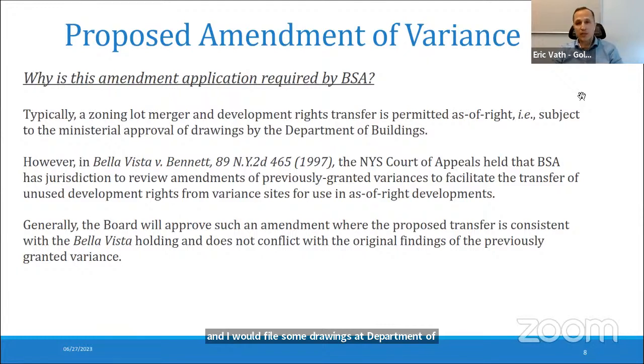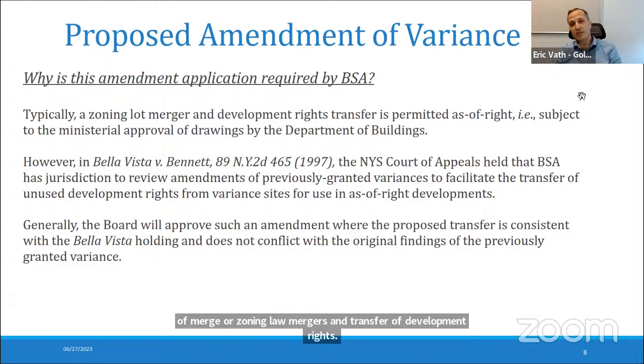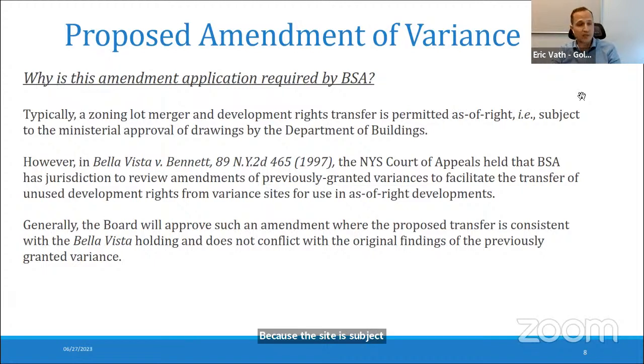But because of a court case in 1997, called Bella Vista, you might hear people refer to these applications as Bella Vista applications. The New York Court of Appeals held that BSA has jurisdiction to review these types of mergers, zoning law mergers, and transfers of development rights, because the site is subject to a previously granted variance.